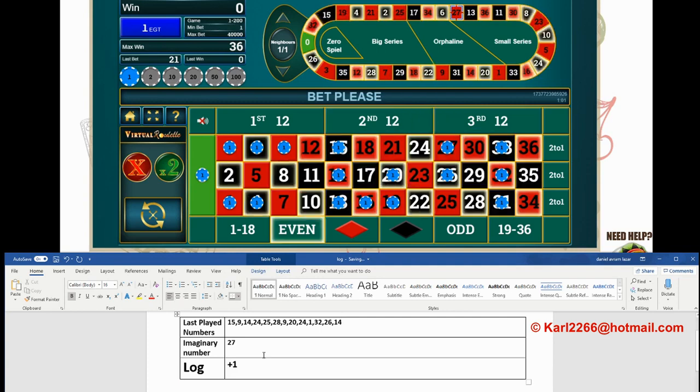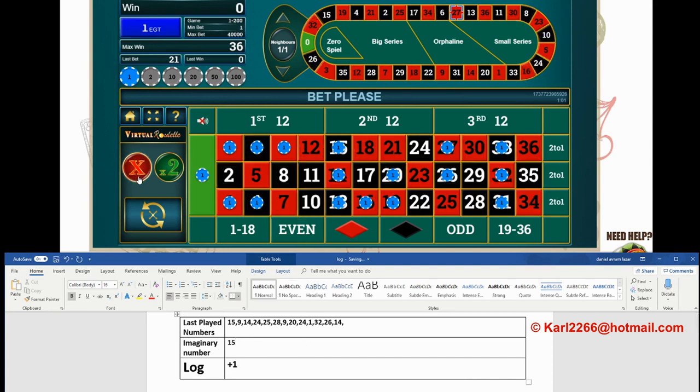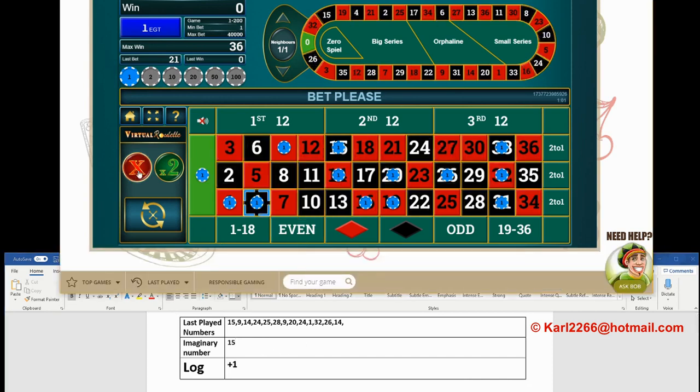Okay, what we do now when we got 14 as the last winning number and logarithm plus 1, we got a new imaginary number, which is number 15. What we do now with 15 as an imaginary number?